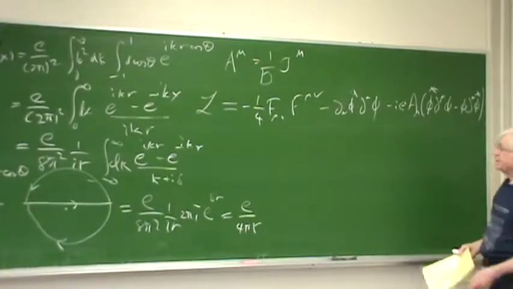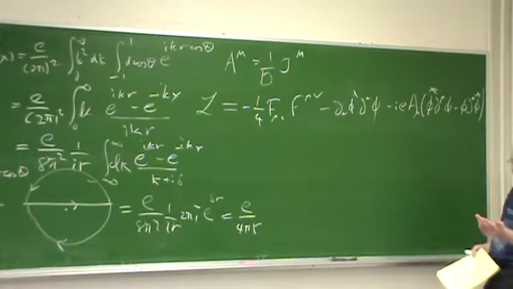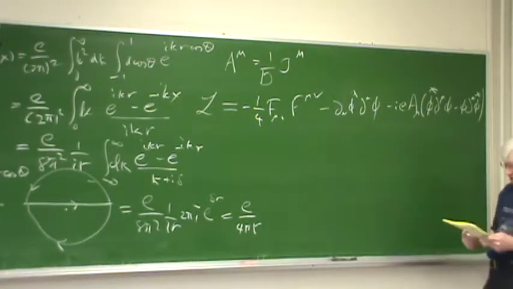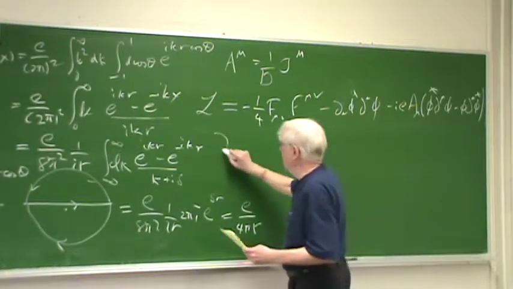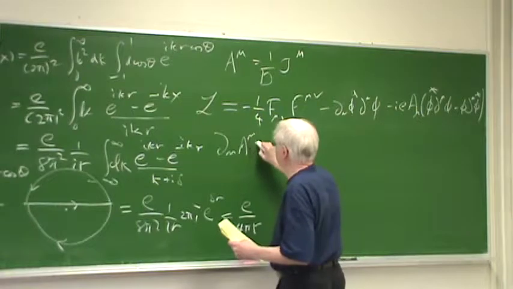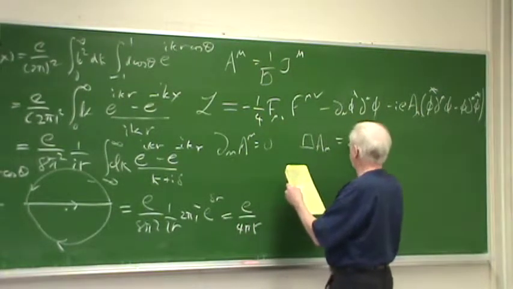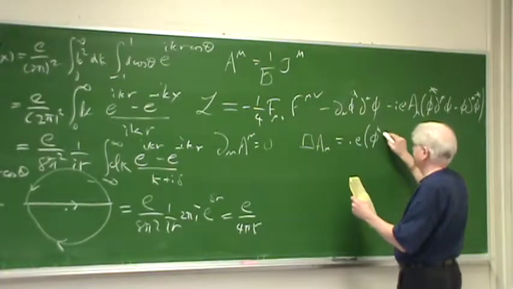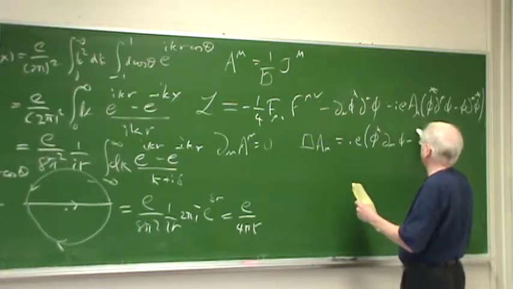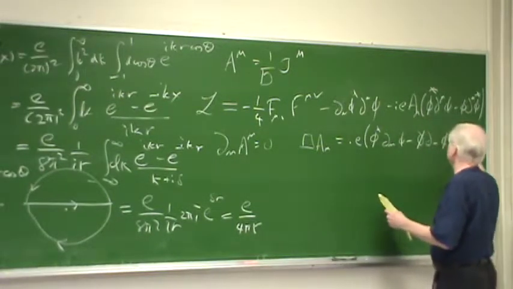Okay, so this is a scalar field, a complex scalar field, charged, interacting with the electromagnetic field. And once again, if we go to the Lorentz gauge, d mu A mu equal to 0, what we have is box A mu is iE times all of this, which is phi star d mu phi minus phi d mu phi star.